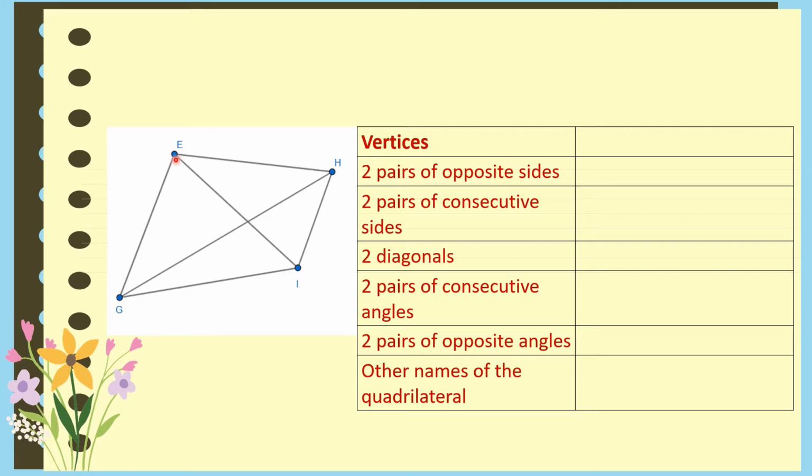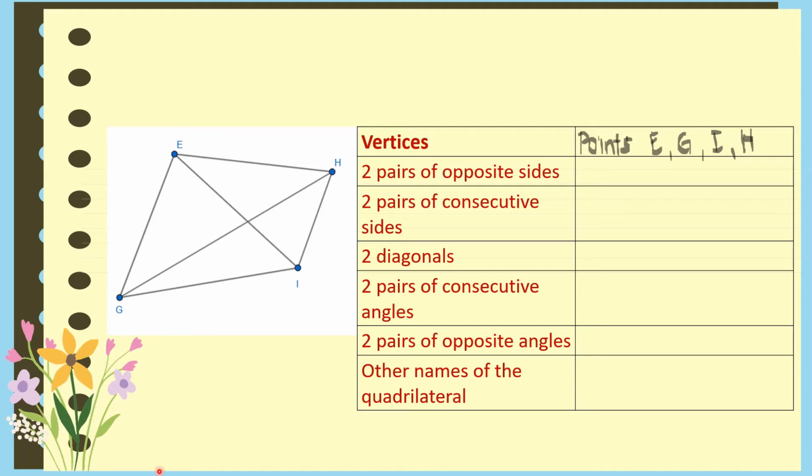So we have the endpoints E, G, I, and H. Therefore, the vertices are points E, G, I, and H.